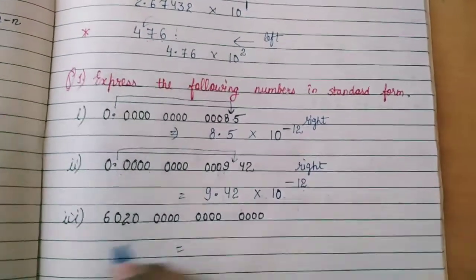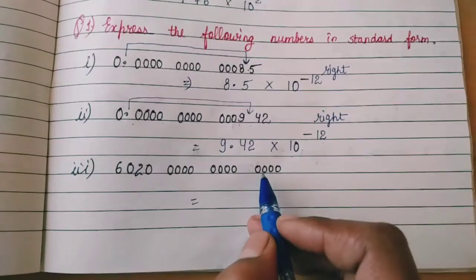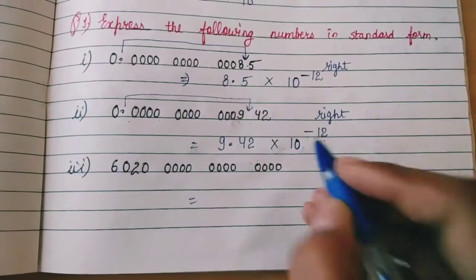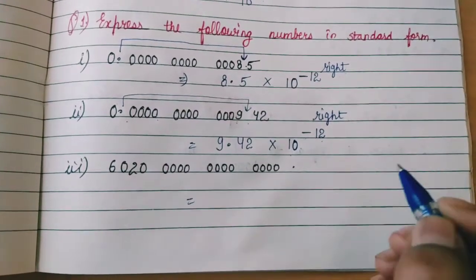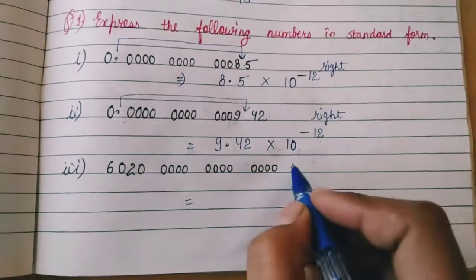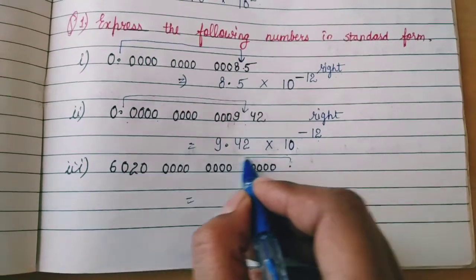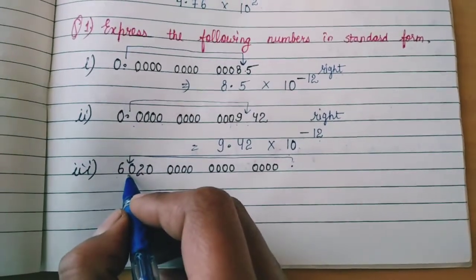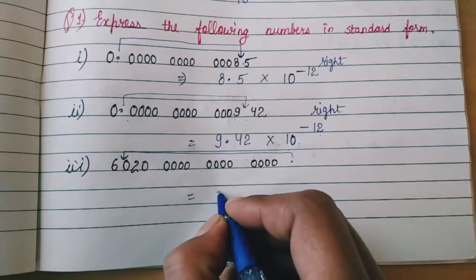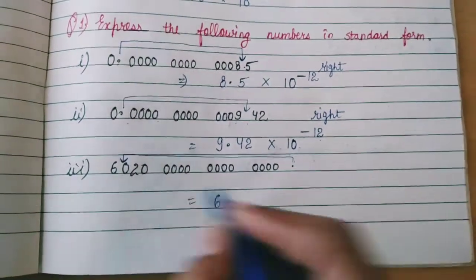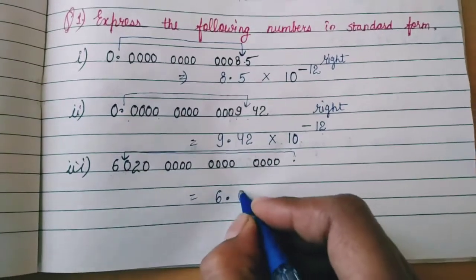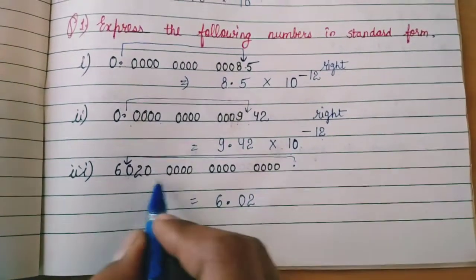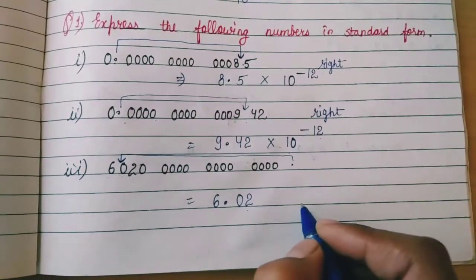Now the third one is this number. You can simply see in this number we don't have any decimal. It means the decimal is in the last position, and from here we will shift our decimal in between 6 and 0. So the answer is 6.02, and after the 2 every number is 0, so after 2 we will not write.